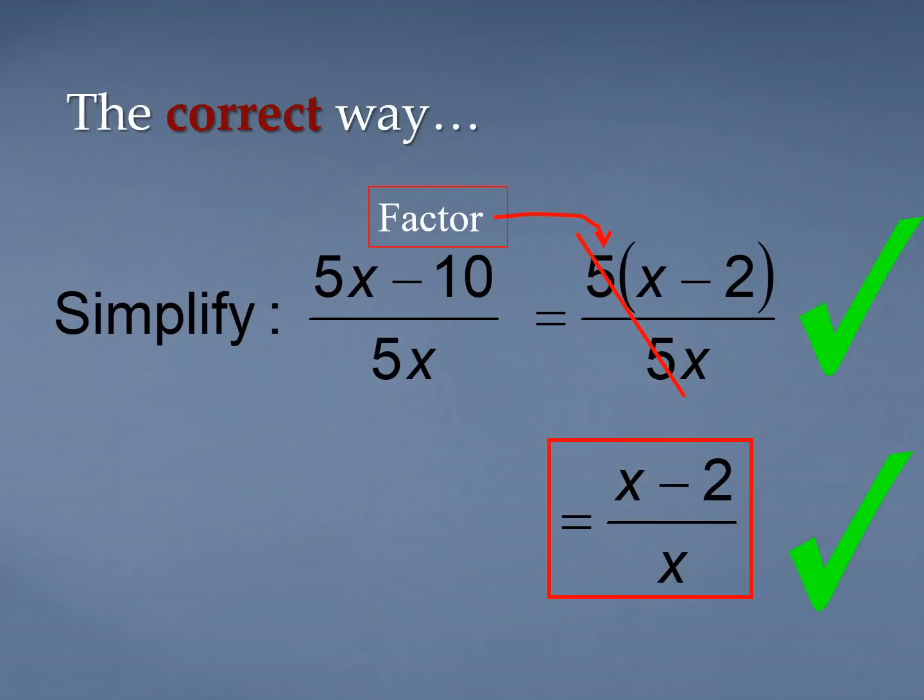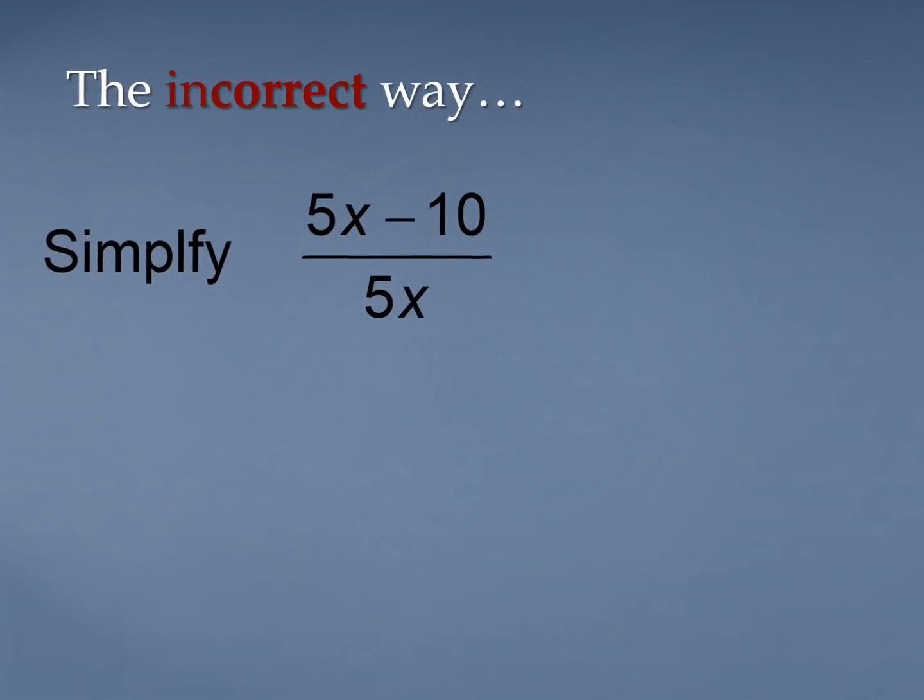Now, let me show you the wrong way to simplify 5x minus 10 over 5x. Same problem, but let's say that instead of factoring first, you say to yourself, oh wait, 5x and 5x. Hey, they match. I'll cancel those, right? Cancel those 5x's out. Wrong!